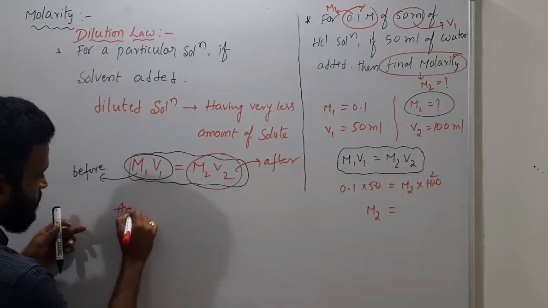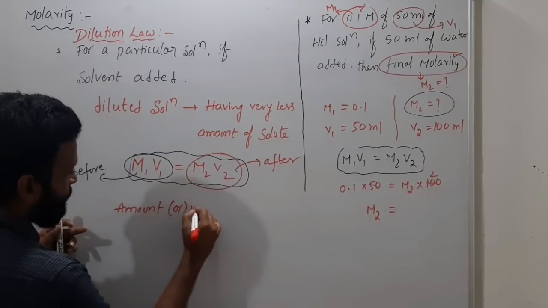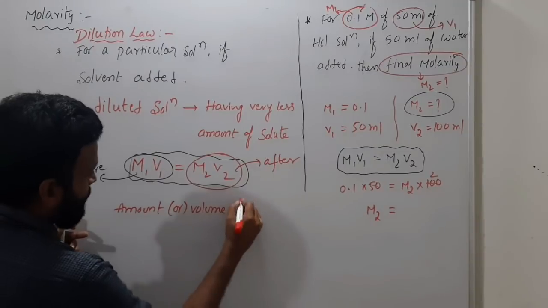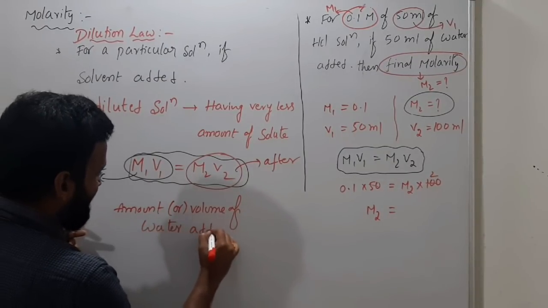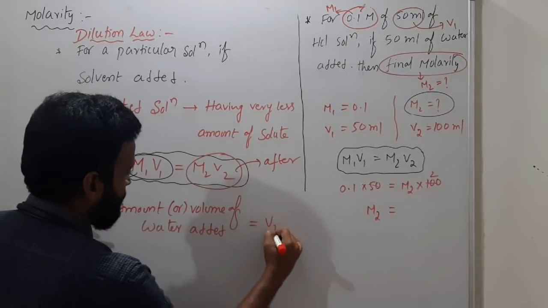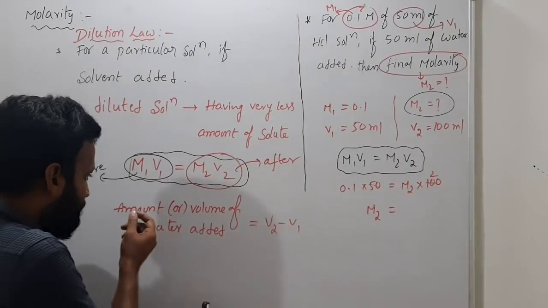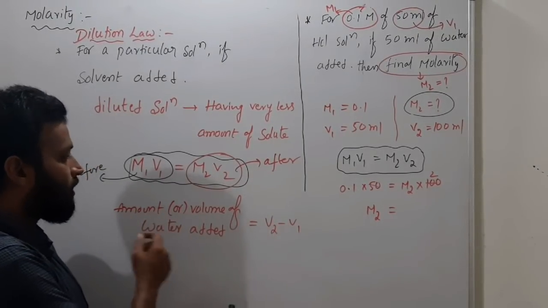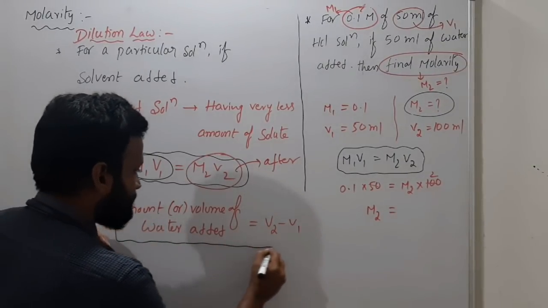The amount or volume of water added means it is V2 minus V1. Amount or volume of water added is equal to, what's the formula?